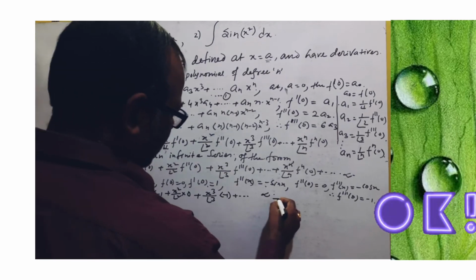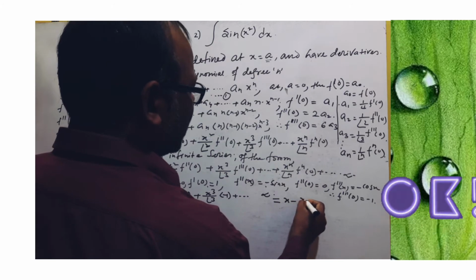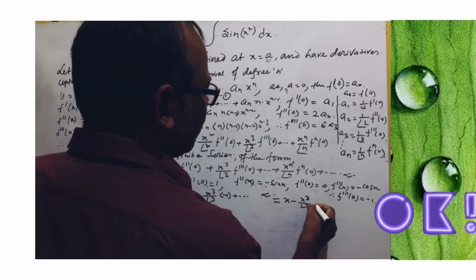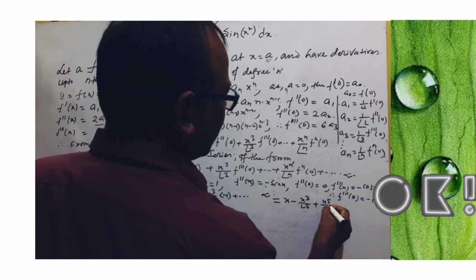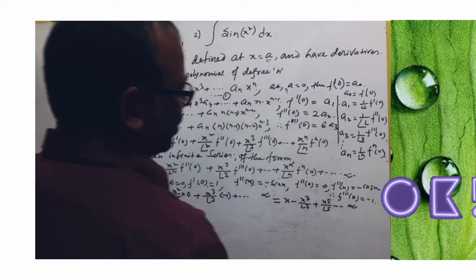It can also be written as x minus x cube by factorial 3 plus x to the 5 by factorial 5, dot dot to infinity.